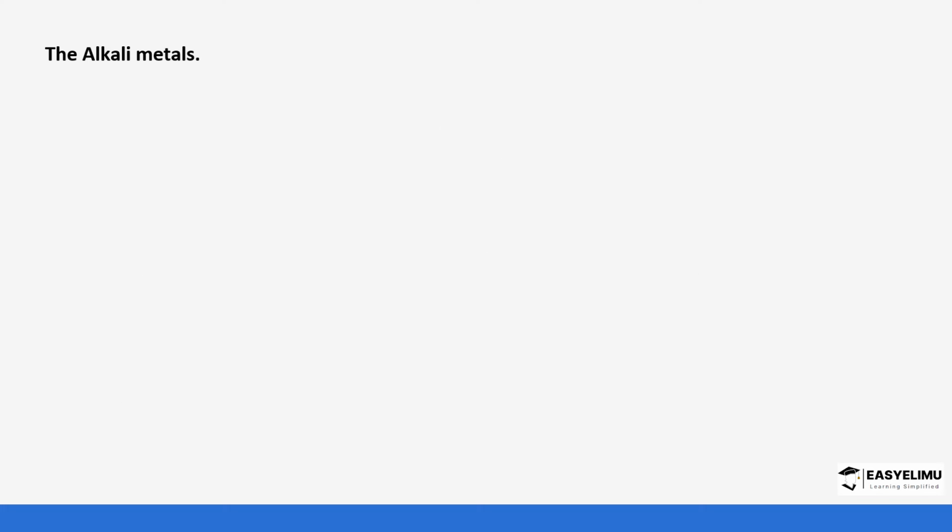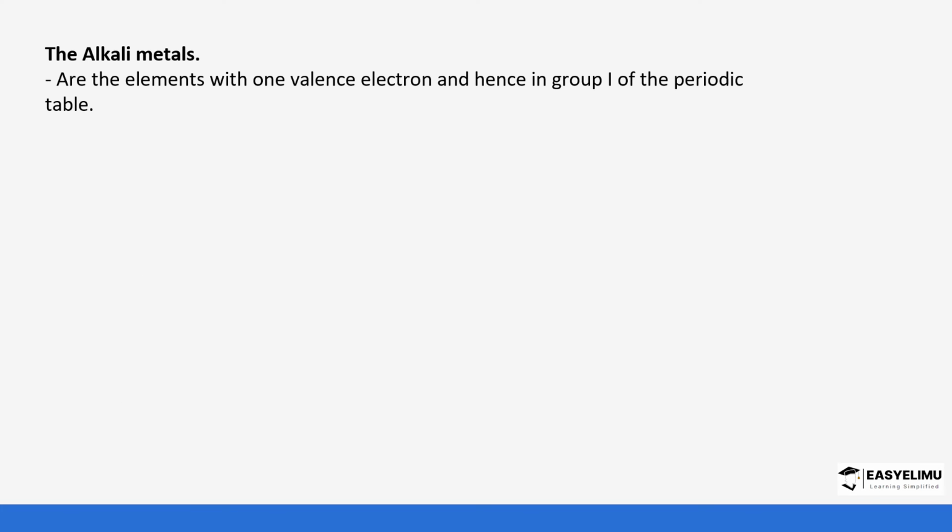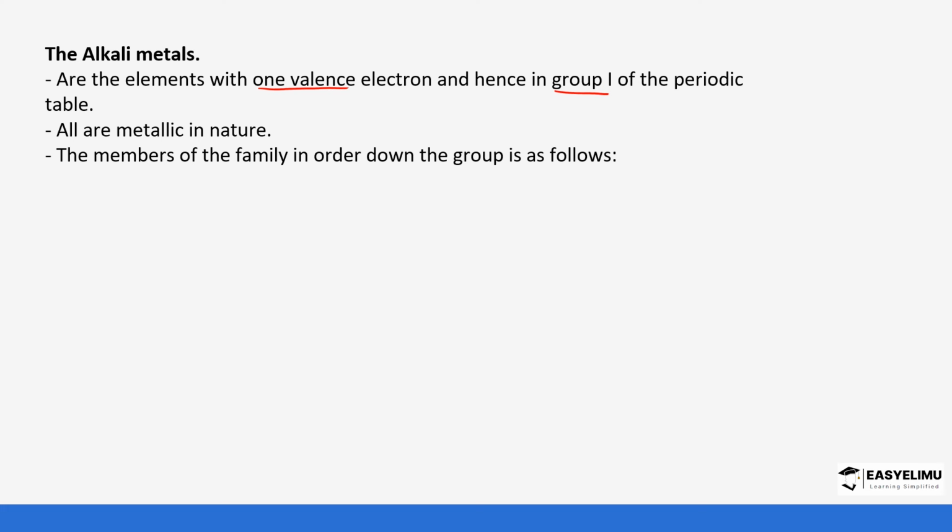So we'll start with the alkali metals. Alkali metals usually have one valence electron, and so they're in group 1 of the periodic table. They are usually metallic in nature, and the members of the group are as follows.